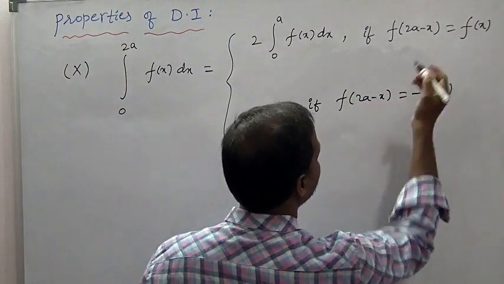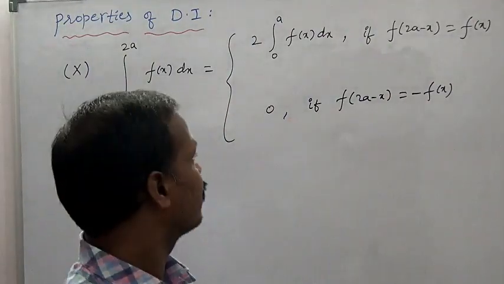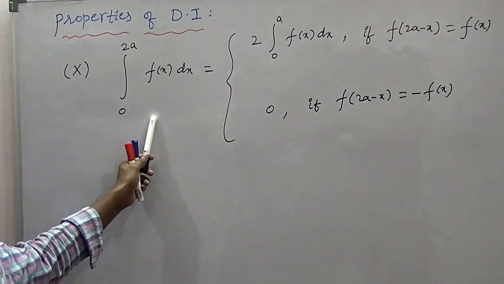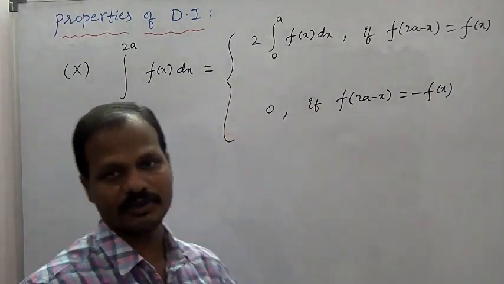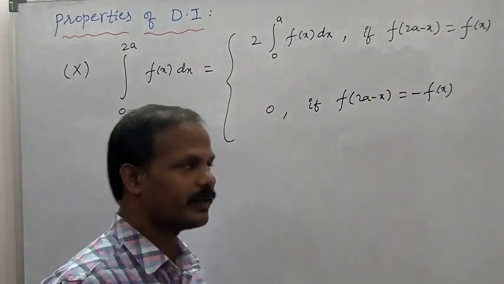You can write it like this. If f of 2a minus x equal to f of x, then the value of this integral is 2 into integral 0 to a f of x dx. Otherwise, it is 0.